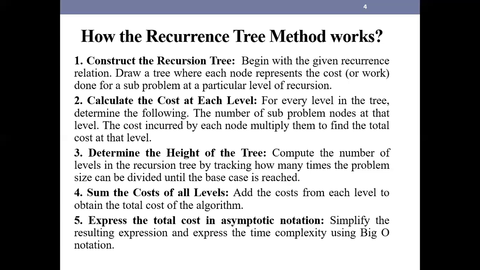The recurrence relation is converted to a recurrence tree. The tree contains multiple levels. The node value represents the cost. So find the cost at each level and add the cost of all levels to get the total cost of the overall tree. After solving the equations, find the order of growth.